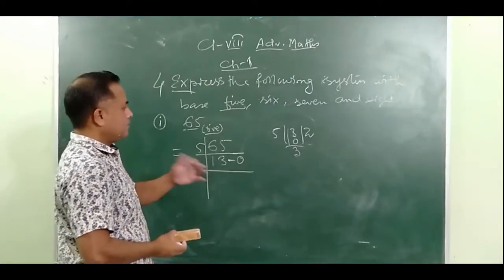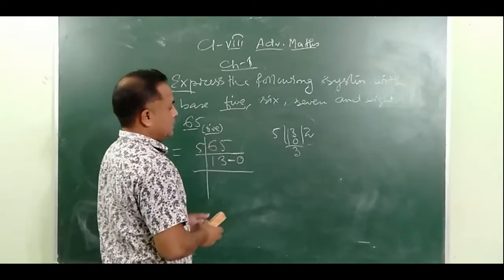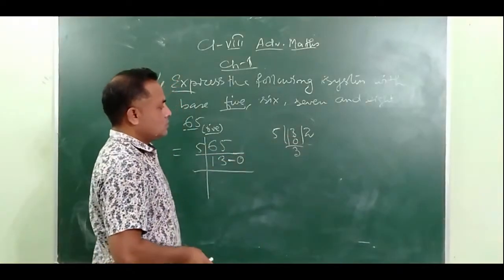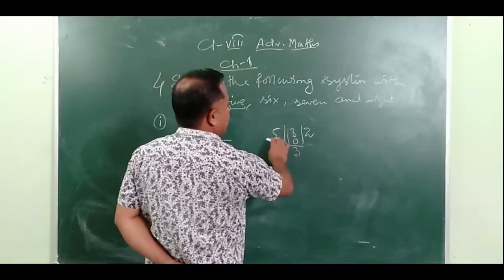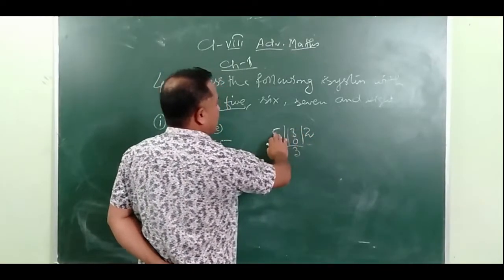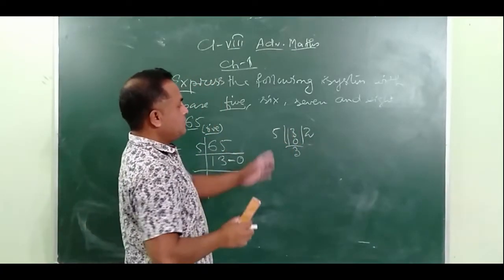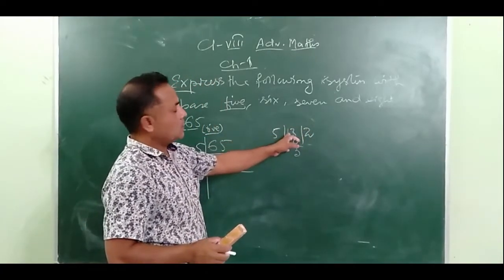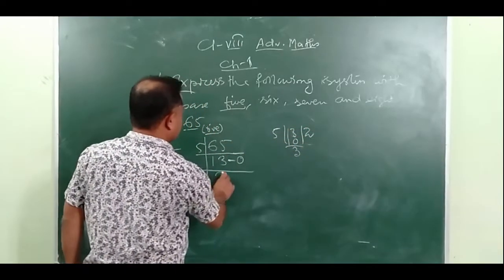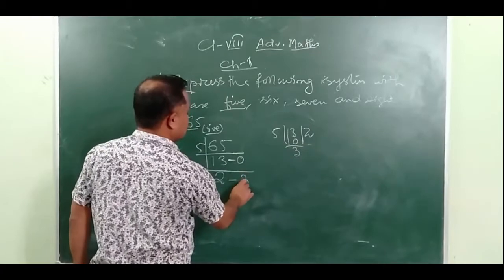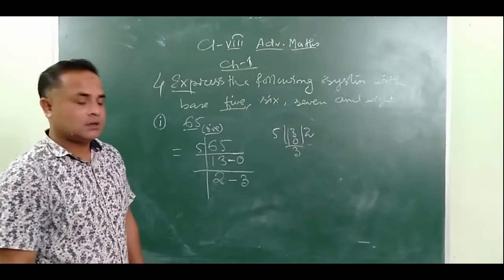Now, how many times does 5 go into 13? 5 1s are 5, 5 3s are 15. It is greater than 13. Again, 5 2s are 10. That means the quotient is 2 and the remainder is 3.